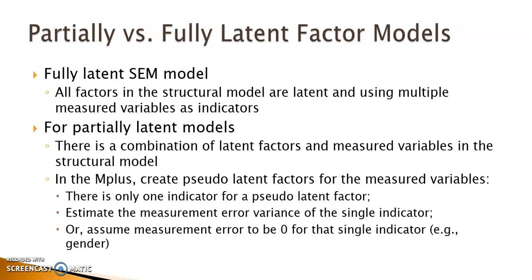In Mplus, we treat partially latent models the same as fully latent factor models and consider the measured variables as latent factors with single indicators. For factors with single indicators, we need to estimate the measurement error variance of the single indicators by either finding information from previous studies or setting the error variance to 0.